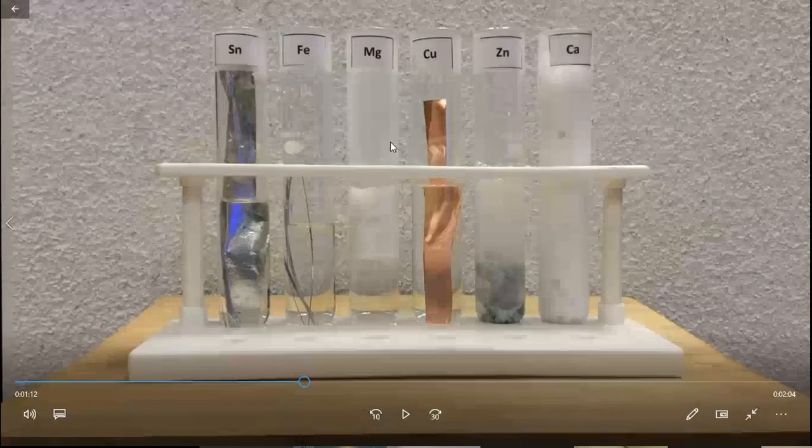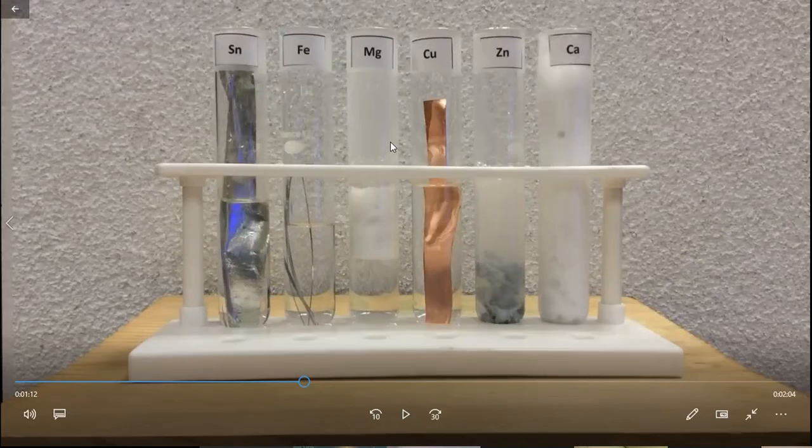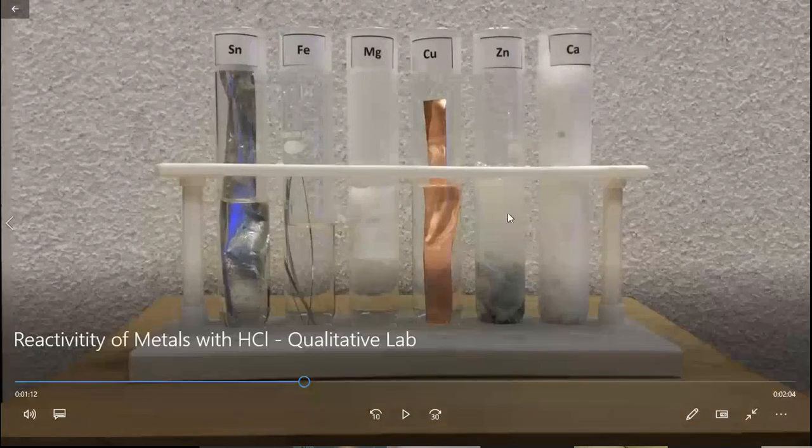Based on the reactivity, zinc, miss. It's not magnesium. Zinc. More bubbles in zinc than magnesium.